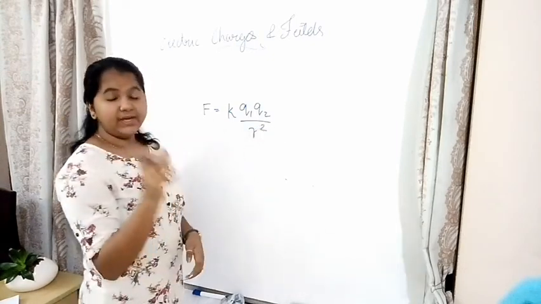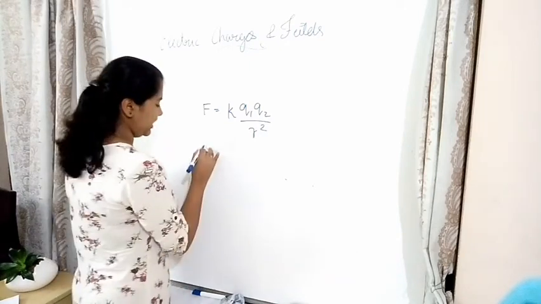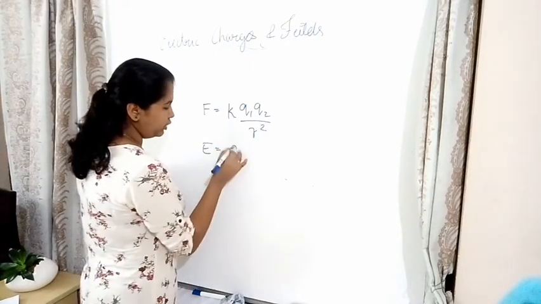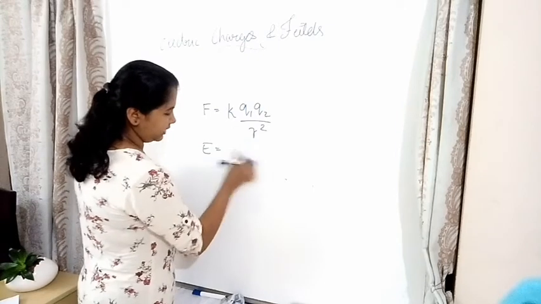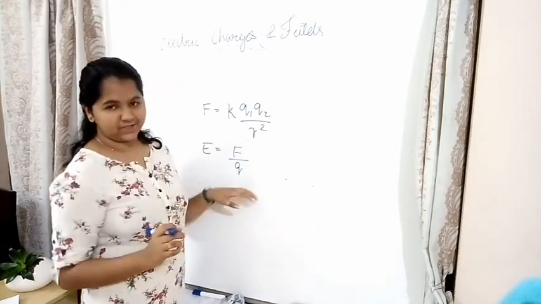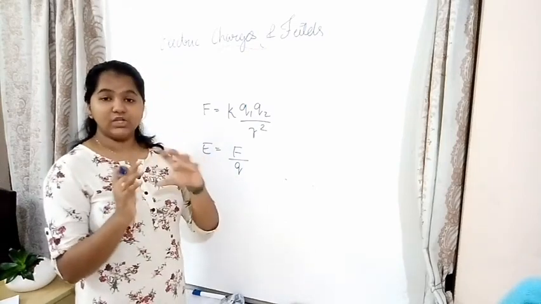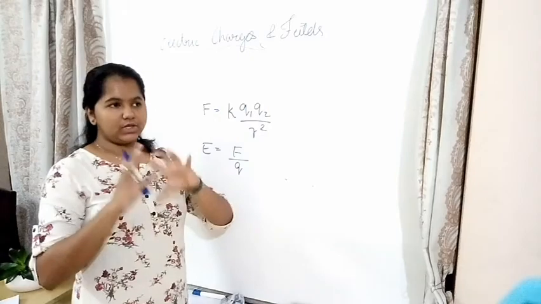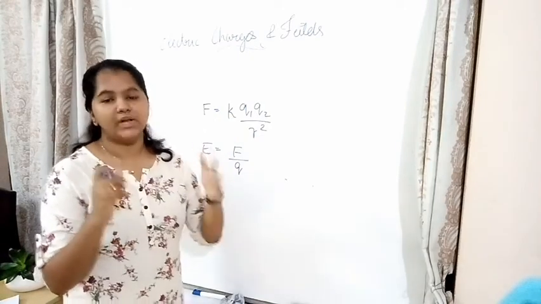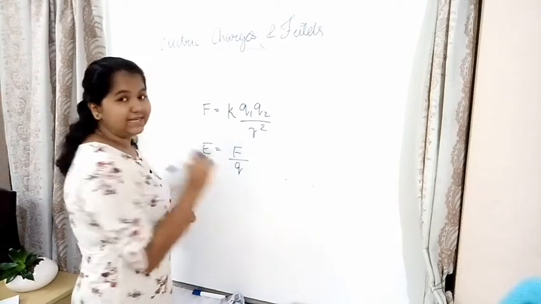We know it is a force experienced by unit positive charge, so E is equal to F divided by q. Small q is the unit positive charge, known as the test charge, and the charge which is bigger and which gives the electric field is known as the source charge. So this is what we call electric field.